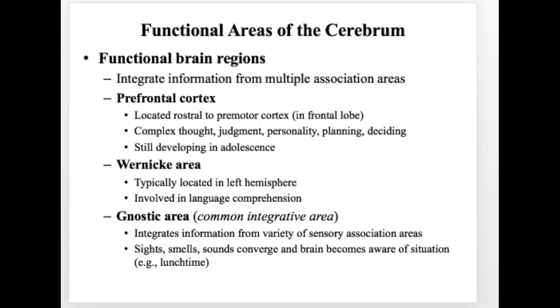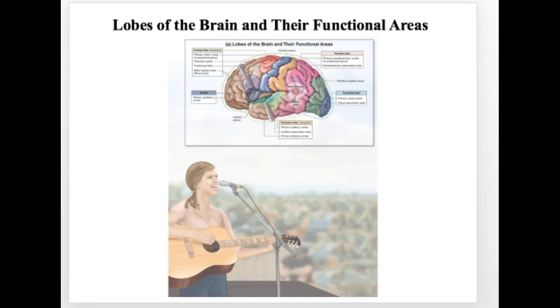Other functional brain areas include the prefrontal cortex, important in complex thought, judgment, personality, planning, and deciding, Wernicke's area, which is important in speech comprehension, and the Gnostic area, which is important in sensory information, whereas sights, smells, and sounds converge and the brain becomes aware of a situation. This image demonstrates again the lobes of the brain and their functional areas.